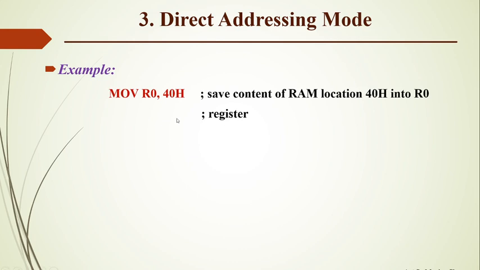Here 40H is the direct address of the RAM location. As no hash sign precedes this value, this is the direct address. So the content of RAM location 40H will move into the register R0.